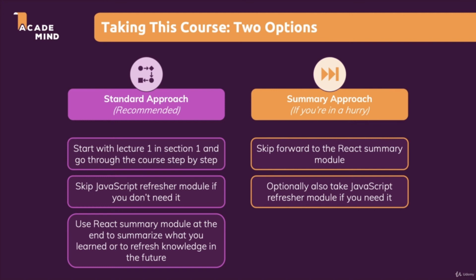So you then skip to the end to this React summary course section, and you go through that summary section first. Because that summary section is built such that you can take it without going through this entire course first. It works standalone.